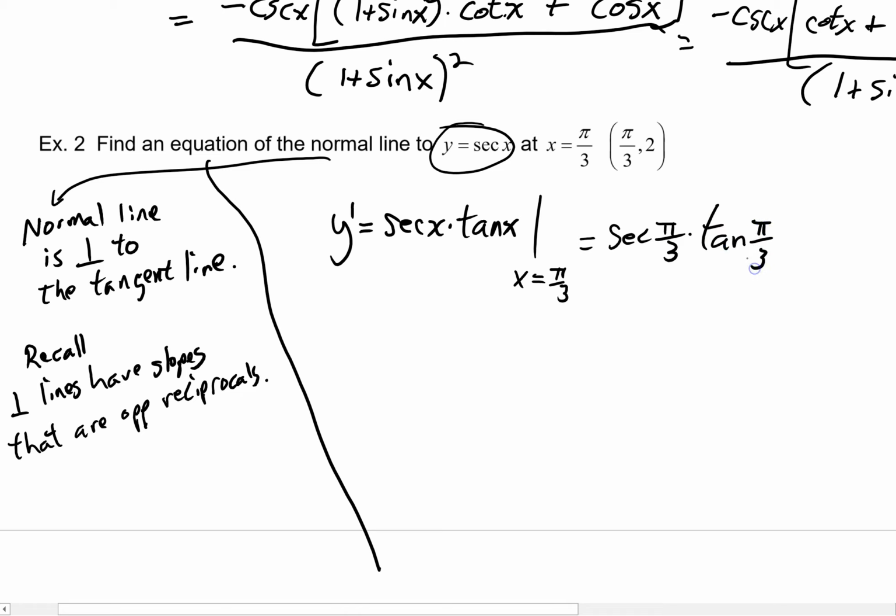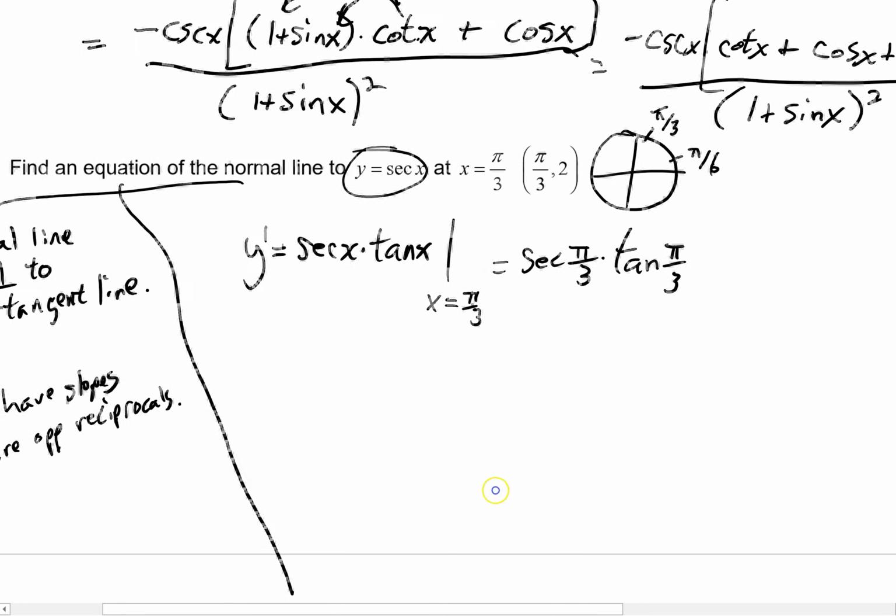We just have to review a little bit about our unit circle, of course. Pi over 3 is in the first quadrant. Down here is pi over 6. Up here is pi over 3. It's equivalent to 60 degrees, but we don't even need to think of it that way. I hope you know that the cosine of pi over 3 is 1/2, right?